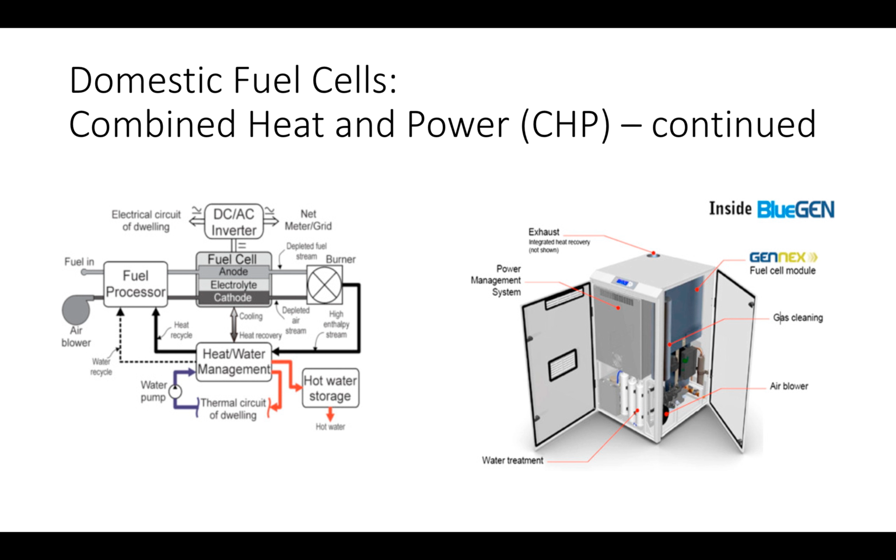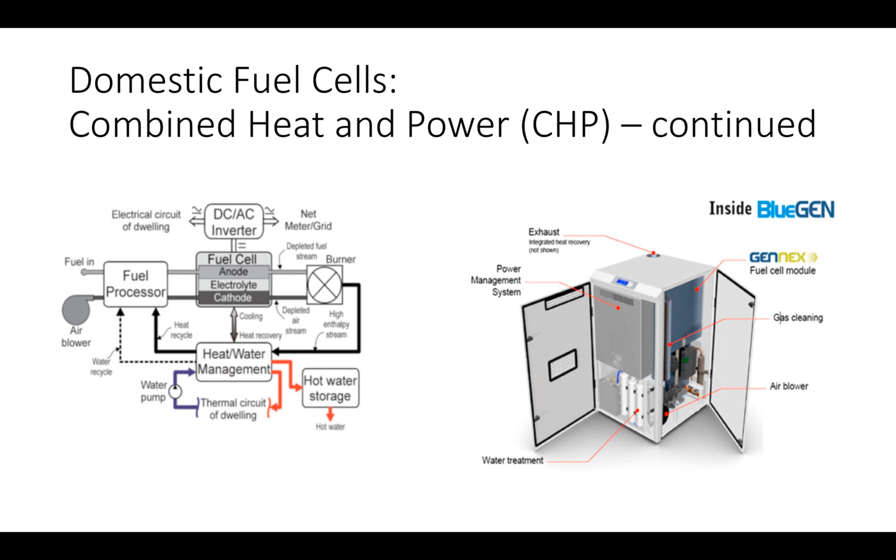So in this diagram is just the process, similar to a thermodynamic process that we've studied throughout the semester. At the beginning, on the left side, the fuel enters the system through the fuel processor, which converts natural gas, for example, into hydrogen and carbon dioxide.